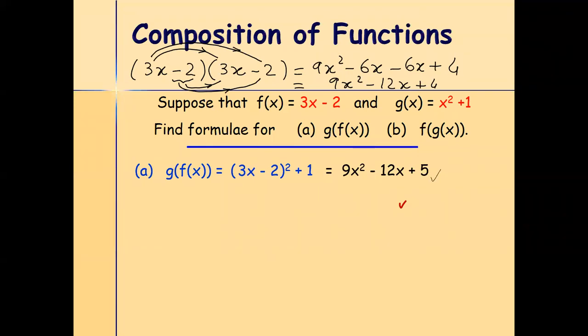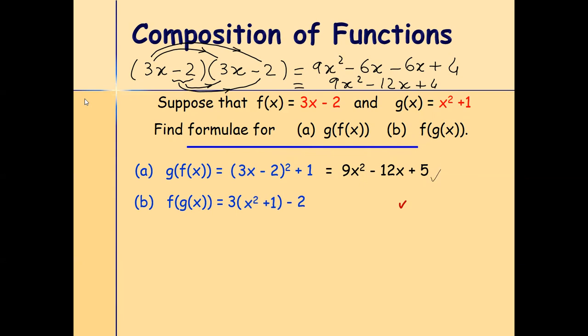Okay, so for f of g of x, this time what you do is you put 3, and instead of x, this time we've got g of x, and g of x is x squared plus 1. So you replace the x with x squared plus 1, and then you need to expand that the same way we expanded here.